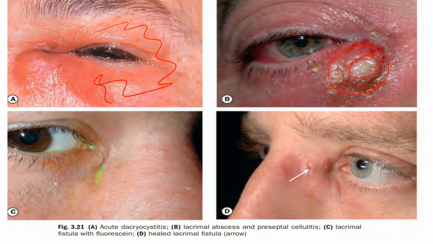In the third picture, if you instill fluorescein drops within the patient's conjunctiva, you can see these drops coming out externally through the skin. That means that there is a fistula present. And in the fourth picture, the same patient after undergoing dacryocystorhinostomy, you can see this is a healed lacrimal fistula.